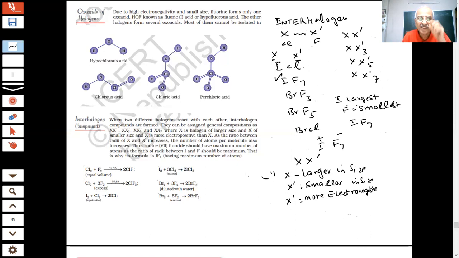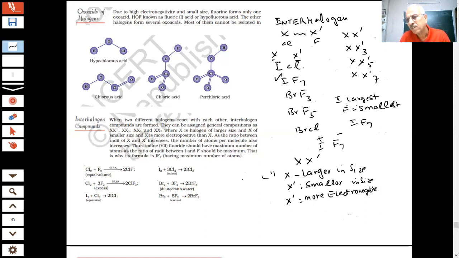There is a table which is given for the formation of these compounds. So the larger the size of X, the more smaller atoms it can hold. That is why we are saying if I is the largest, then with F the maximum, IF7, is possible, because I is the largest and F is the smallest.